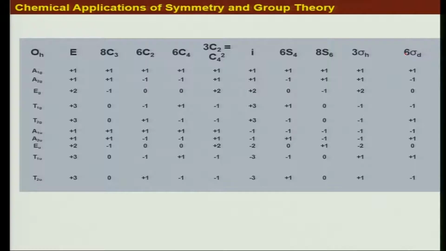So altogether there are 48 symmetry operations. Things may seem pretty complicated at the beginning, but as you go ahead, you will see that things are not as complicated as they seem initially.